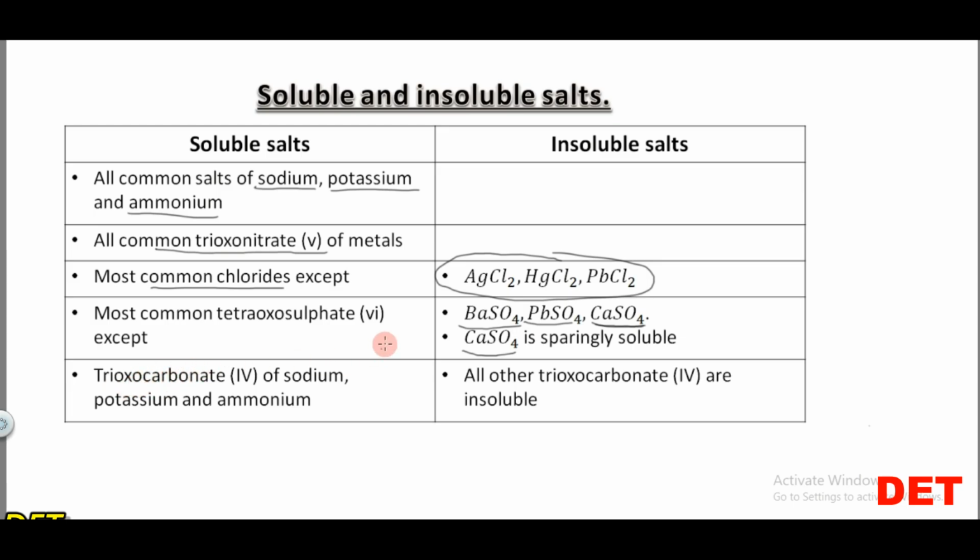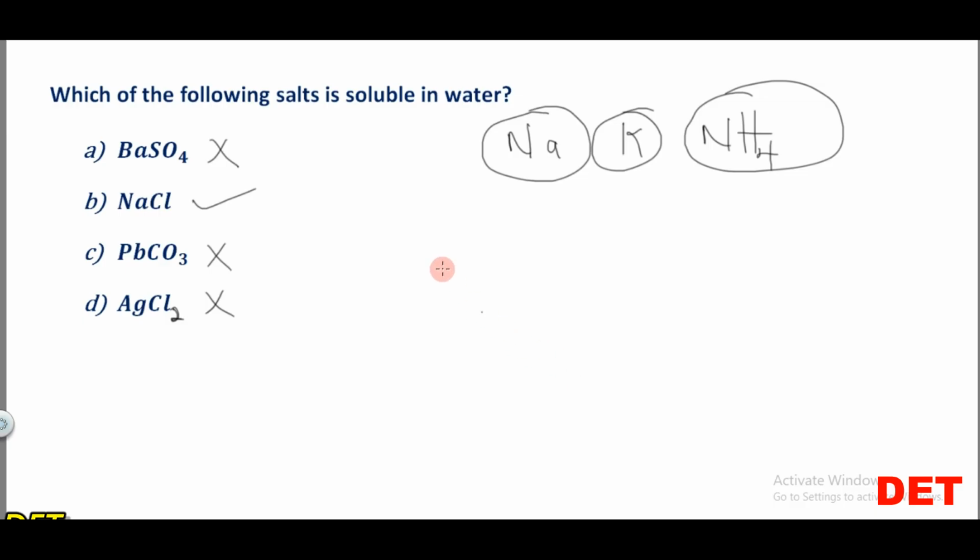Then, let's look at this question that I gave earlier again. Which of the following salts is soluble in water? So you should know that barium sulfate is an example of an insoluble salt. You should also know that sodium chloride is an example of a soluble salt because it's sodium, right? Like I said, all common salts of sodium, potassium, and ammonium are soluble in water.